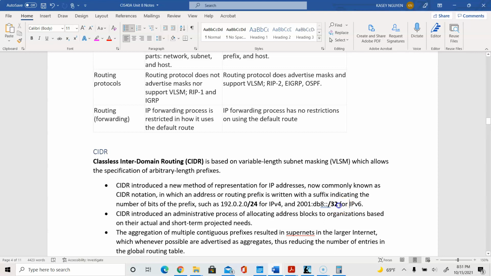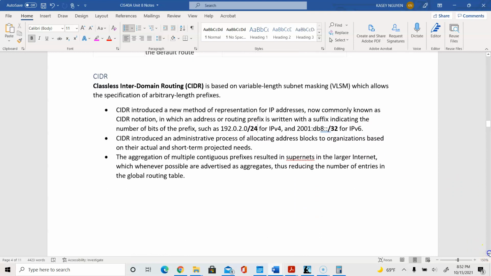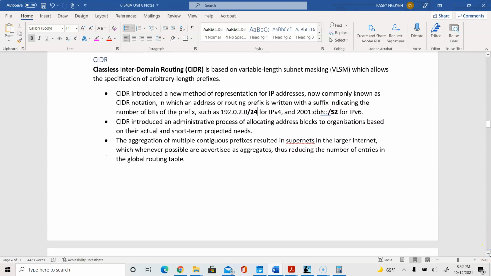And that will be your network identifier bits. So as you can see, this is a way for us to reduce the number of entries in the global routing table, as if you put in many of the subnet masks, it would require a lot of storage for the subnet mask.